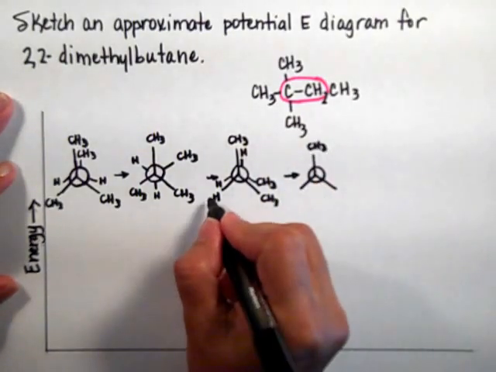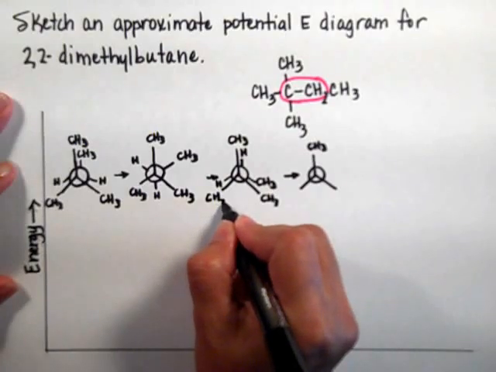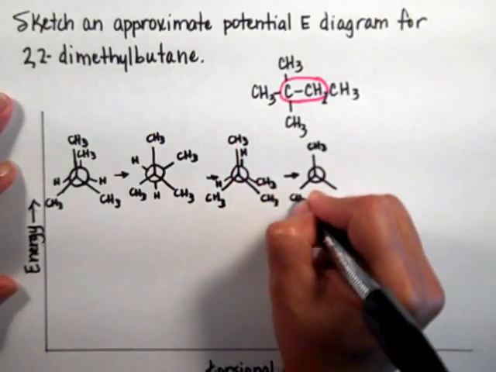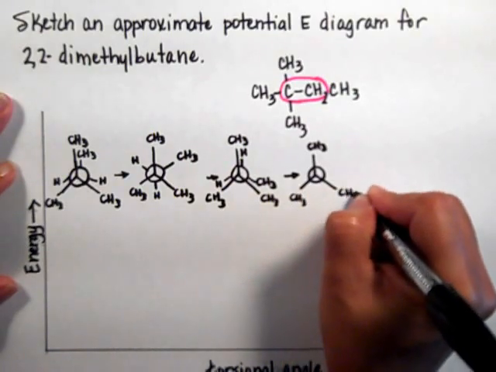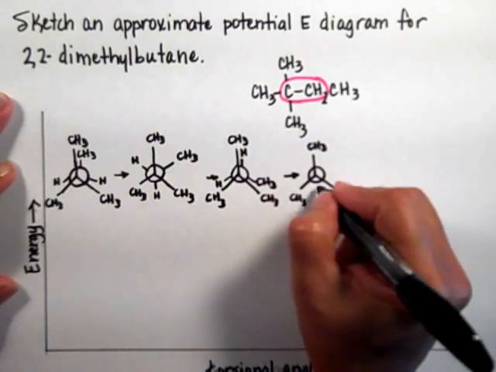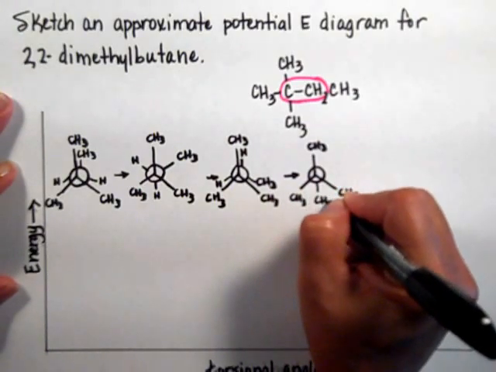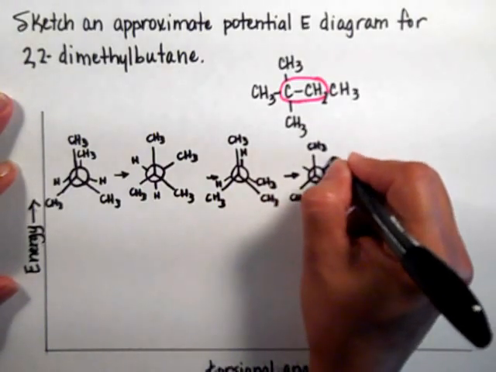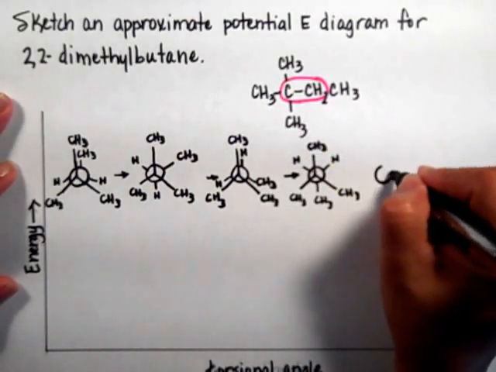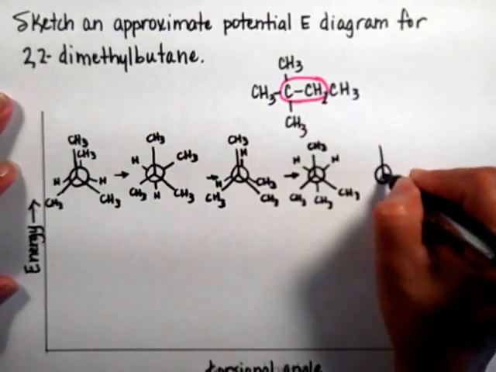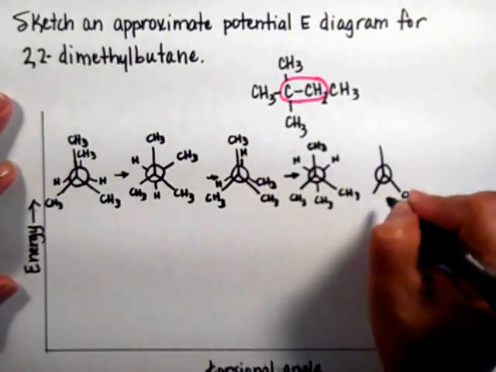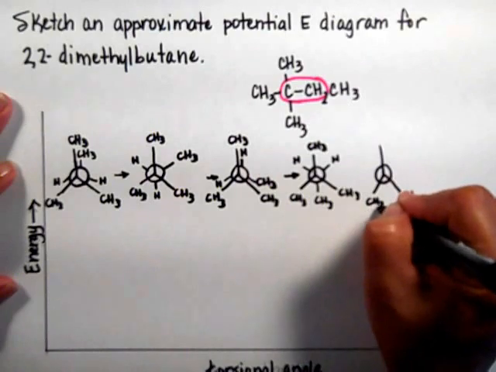Wait, this is a CH3 on the previous carbon. I made a mistake. I have 3 methyls in the front. This CH3 in the back now is right here in the middle. Rotate 60 degrees more and I'm going to come to an eclipsed conformation. The front carbon again has 3 methyls.